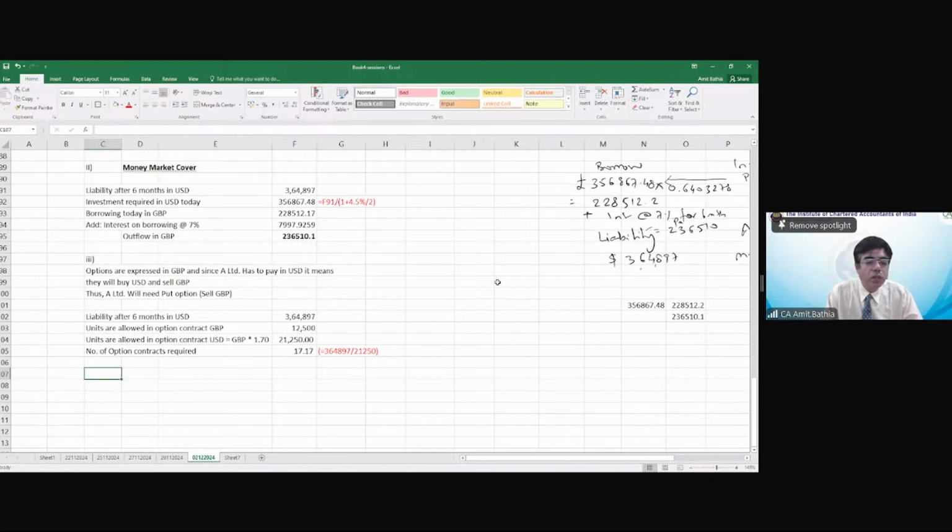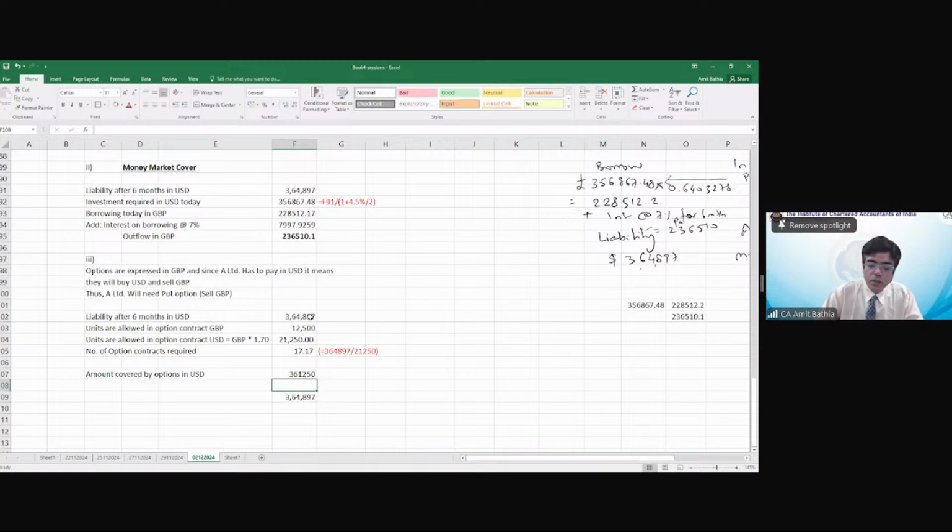Okay. So first and foremost, how much will be the amount covered by options? So how much will that be? It is equal to 21,250 into 17. So this is what is going to be covered. How much do you need? You need 364,897.